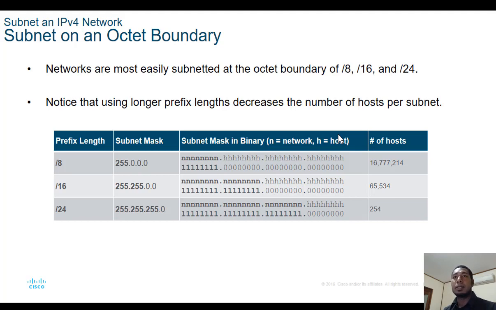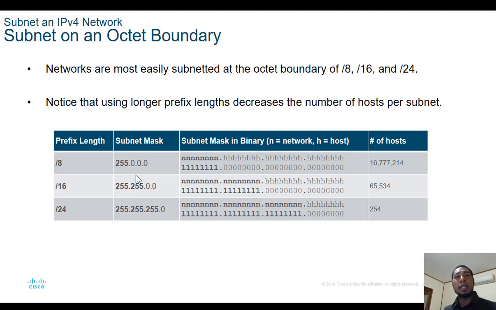So if you see class A /8 prefix length, by the way, the prefix length is the same as the subnet mask. It's just another way of denoting the subnet mask. If you look at the subnet mask 255.0.0.0, remember that there are 4 octets in an IPv4 address. These 4 octets are all 32 bits.